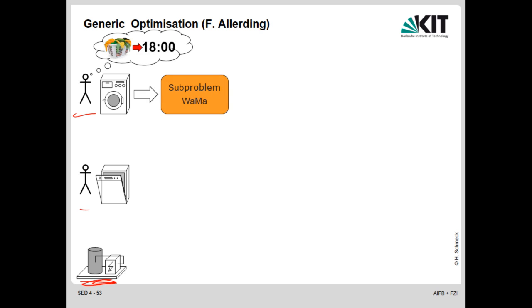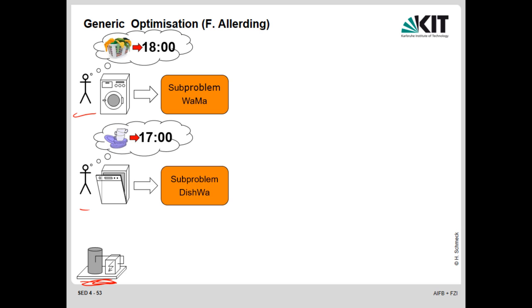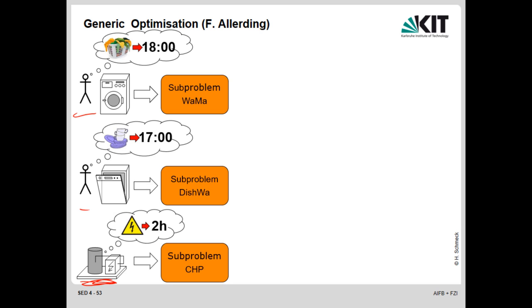And so there may be a so-called sub-problem for the washing machine where a basket full of laundry has to be washed by 6 p.m. Dishes should be done by 5 p.m. and the combined heat and power plant should run for 2 hours. These are sub-problems, as we call them.